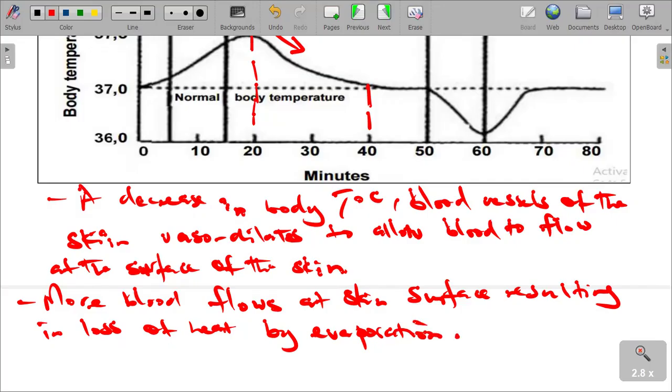The person has been sweating, and heat is therefore lost by evaporation.